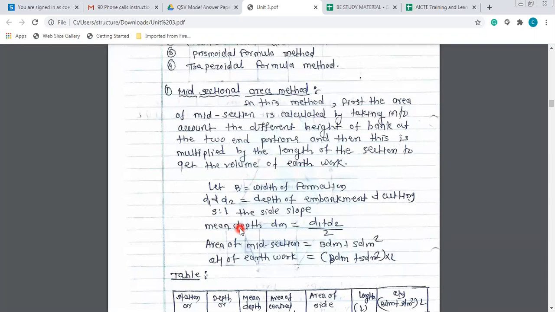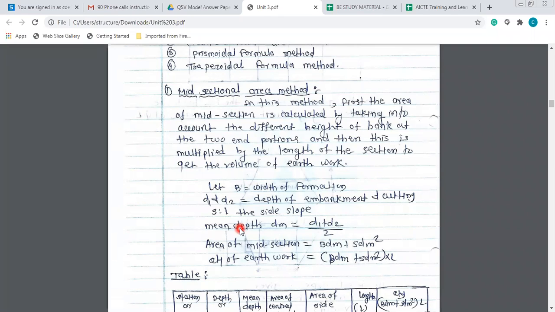In the mid-sectional area method, first the area of the mid-section is calculated by taking into account the different heights of the bank at the two end portions, and then this is multiplied by the length of the section to get the volume of earthwork. Once again I am repeating how to calculate the quantity of earthwork using this method.